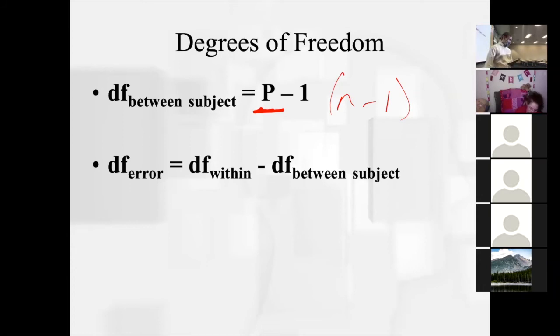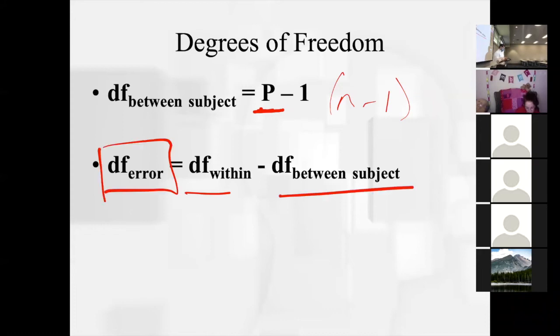And then, just as with your sum of squares error, which was your sum of squares within minus the sum of squares between subjects, your degrees of freedom error is going to be your degrees of freedom within minus your degrees of freedom between subjects. All right, so once you have your degrees of freedom within and your degrees of freedom between subjects, you can get your degrees of freedom error.